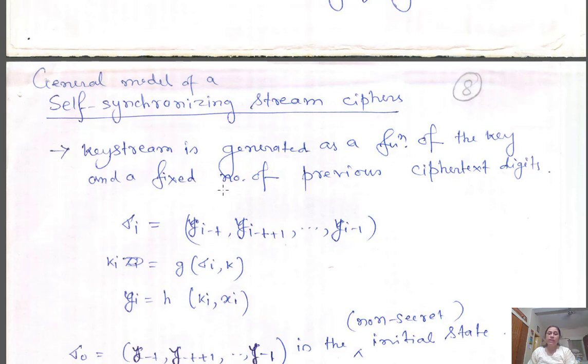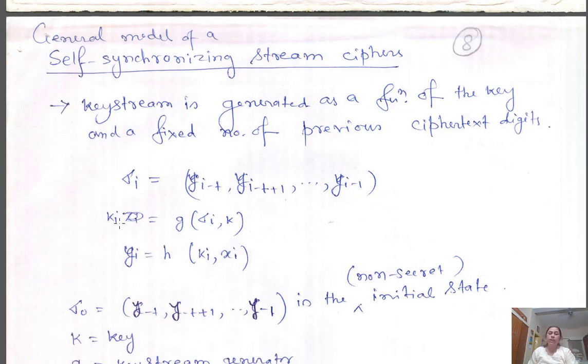Your key stream generator has a state. The key stream is generated as a function of the key and a fixed number of previous ciphertext digits. Your key stream ki is generated using the key stream generator that takes the current state sigma i and the key. The current state depends on the previous ciphertext digits, yi minus 1, yi minus 2, up to t many previous ciphertext digits.